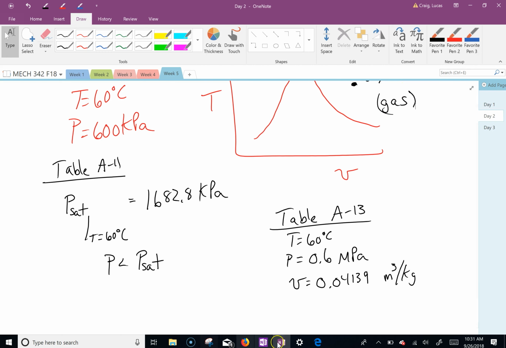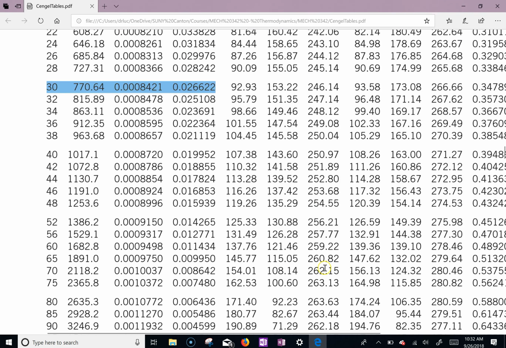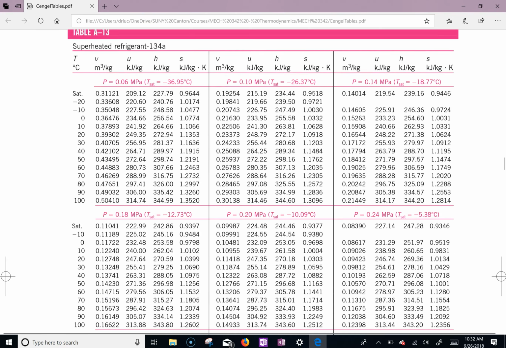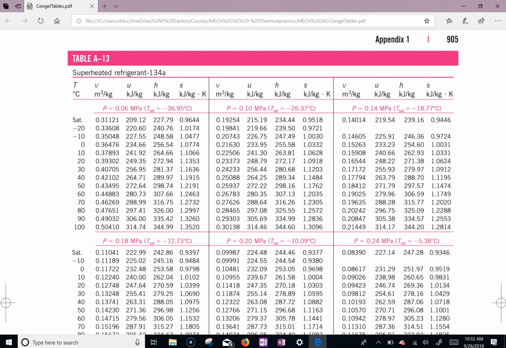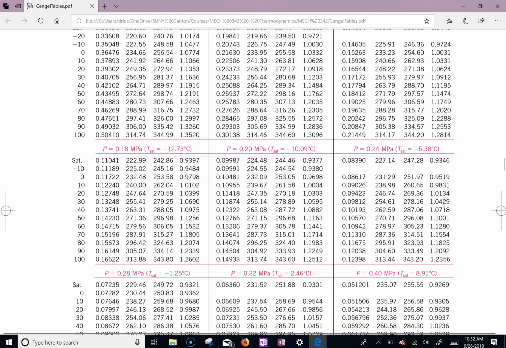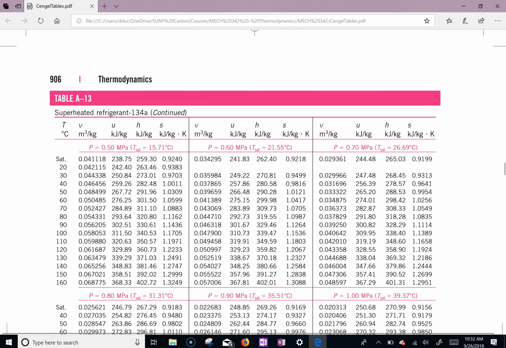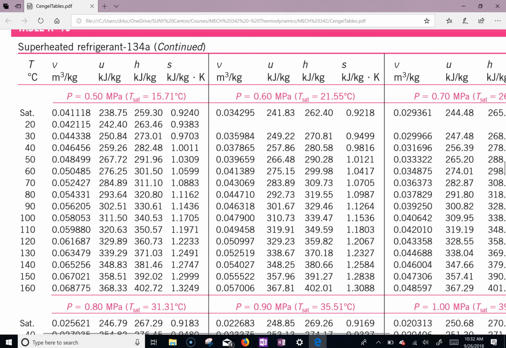Okay, so let's go to the tables and look at this. This is a little different. So A13. In this, you have grids of different pressures, okay? And on the left are temperatures. So we need to find 0.6 megapascal, which is right here.